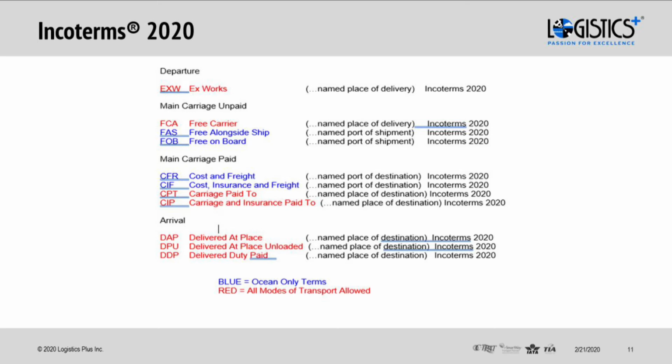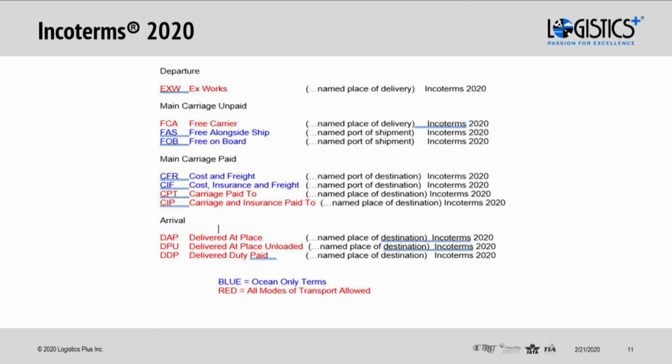And then following your named place or named port, you are going to put the current or previous version of Incoterm rules you're using. So for example, you see on this slide, it's listing Incoterms 2020, which is the current version of each of the rules. But remember that buyers and sellers are free to use any previous version.